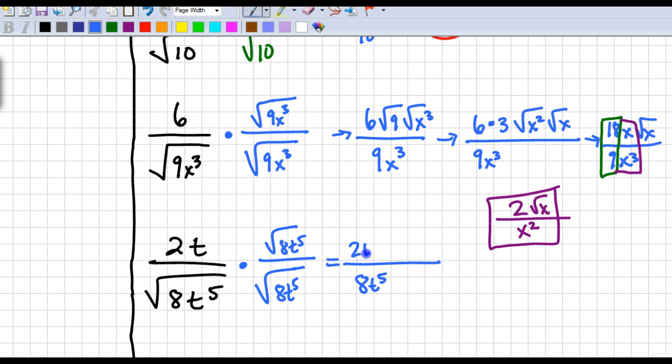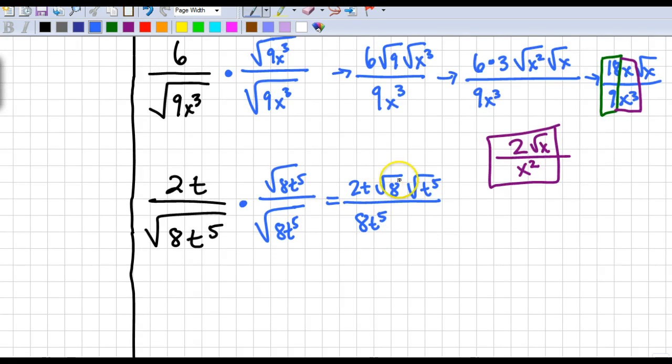On the top I've got my 2t, and now I'm going to break up the pieces separately. So I've got 8 and I've got t to the 5th. So now let's look at the 8. The 8 can be simplified to a 4 and a 2, because 4 times 2 is 8, but the radical 4 is going to turn into a 2 there. Let's separate the t's as well. The 5 and the 2 here are not going to reduce, so I'm going to use t to the 4 and t.